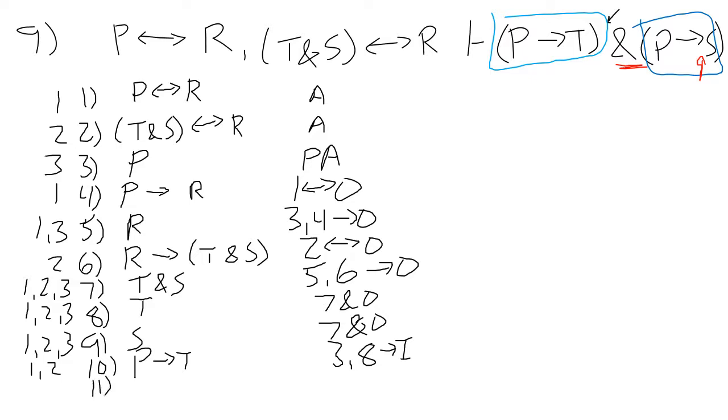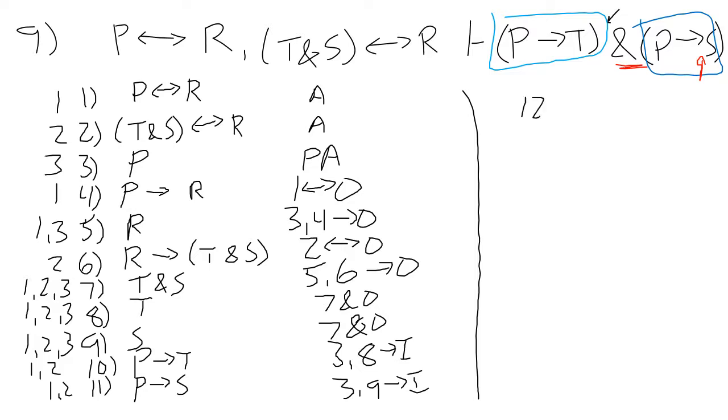So we can do P arrow S from 3 and 9, arrow in, to drop out again, and then we just need to put them together in line 12, P arrow T and P arrow S from 10 and 11, ampersand in. Let's see if I can squeeze that in there. 10 and 11, ampersand in, and then 10 and 11 depend on 1 and 2.